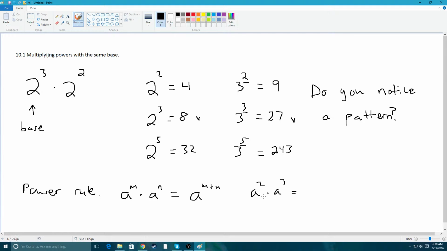Really, all exponents are repeated multiplication. So a squared is a times a, and a to the third is a times a times a. So altogether, we multiplied a 5 times, and we get a to the fifth power. So that's our power rule.